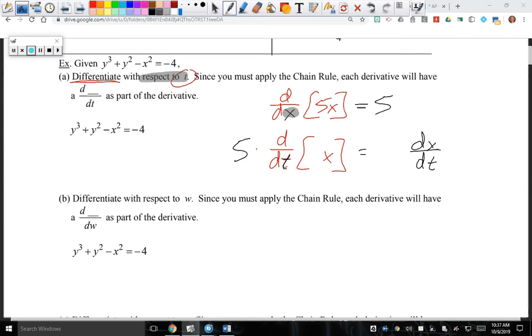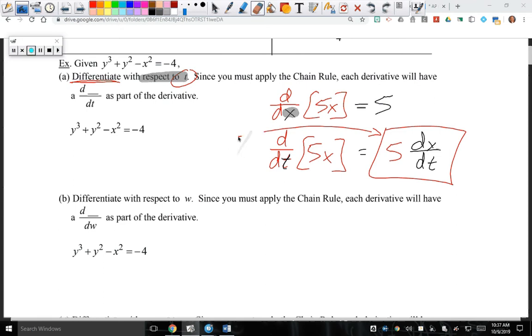And you'll see in just a bit, you can't just get it from one example. And then you move the 5 back in there so that this is the derivative of 5x if you take it in respect to t. Again, you're not going to see it from one example.